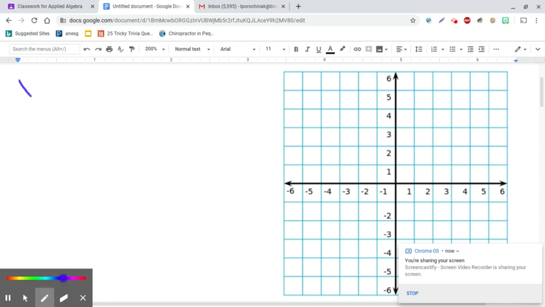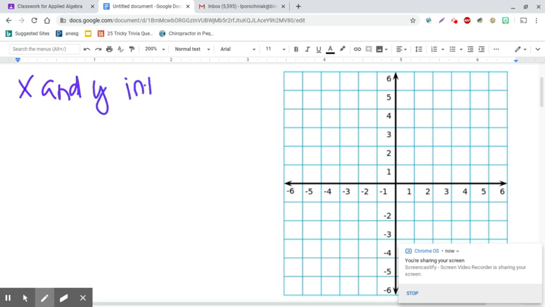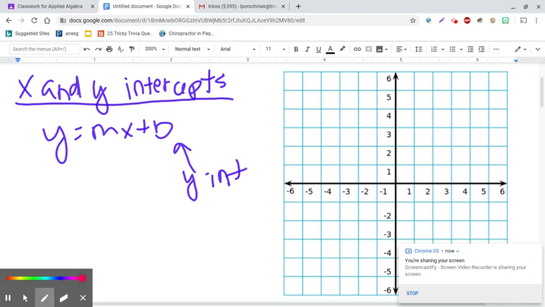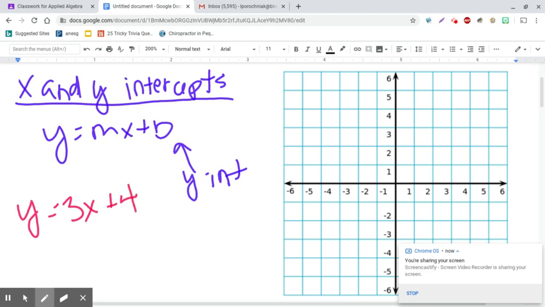Today we are going to do X and Y intercepts. Now, the Y-intercept should be kind of familiar because if you remember, when we do y equals mx plus b, our b is our Y-intercept, right? So if we had an equation like y equals 3x plus 4, our Y-intercept would be plus 4.